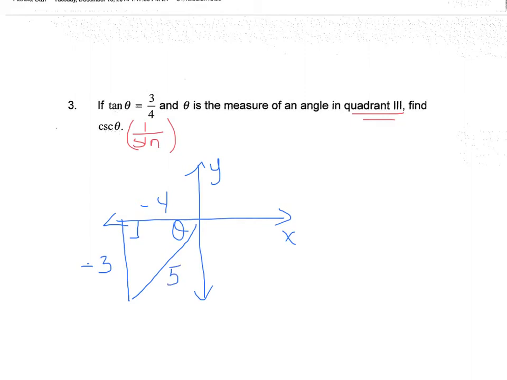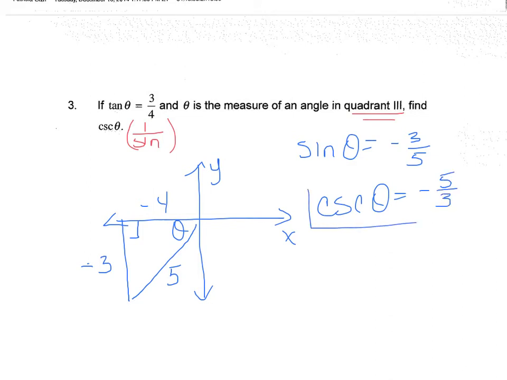I need to find the cosecant. Well, the sine of theta is opposite over hypotenuse, -3/5. Cosecant is a reciprocal, so the cosecant of theta would be -5/3, and this time I'm going to put the negative right in the middle because it doesn't make a difference if the top or bottom is negative. It means the whole fraction is negative. So my answer is -5/3.